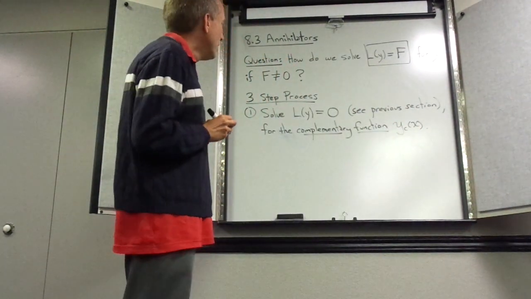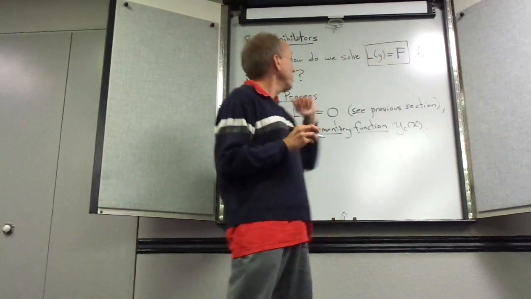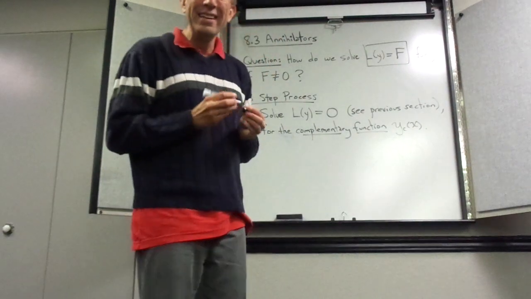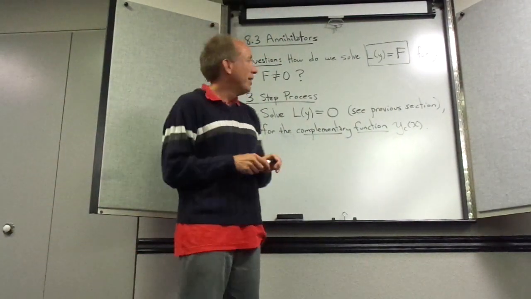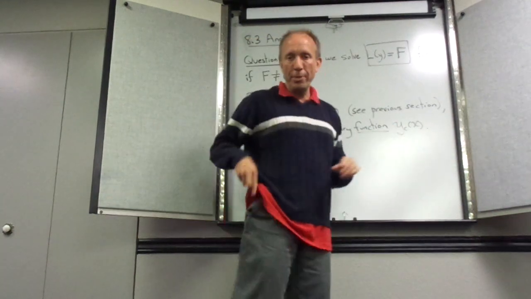Okay? So we're going to first address this differential equation by making it homogeneous again, going back to the previous section and solving the corresponding homogeneous equation for the complementary function.